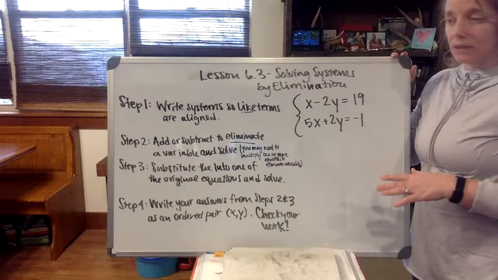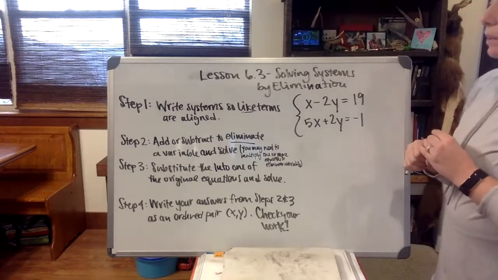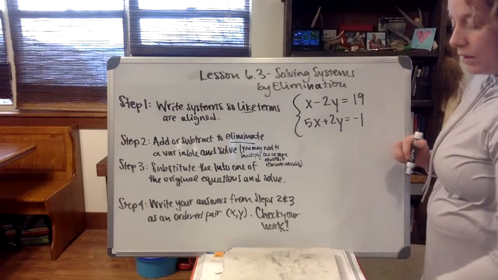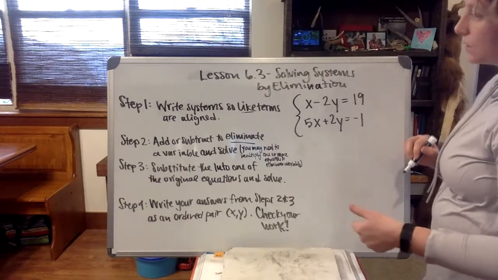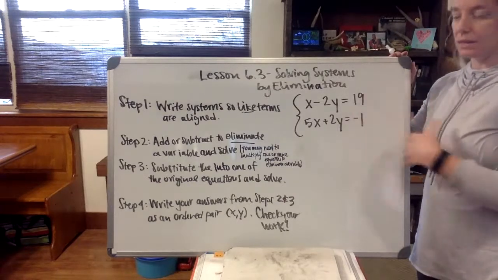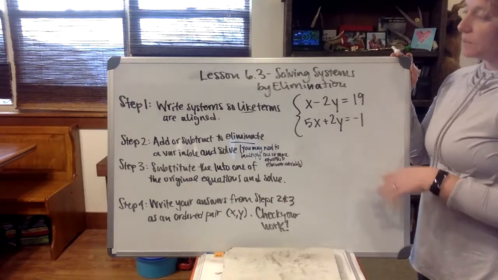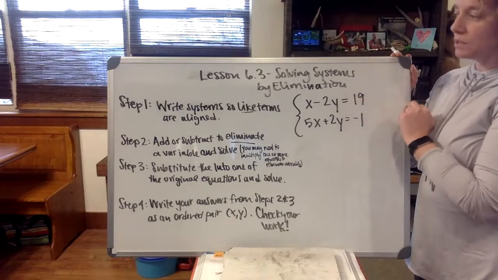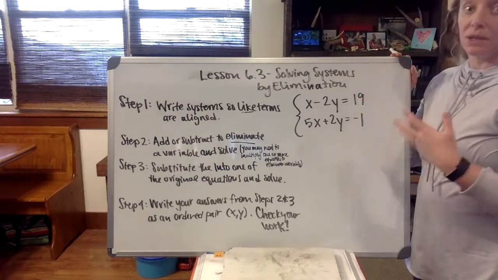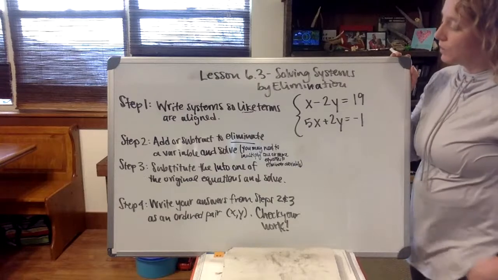The goal is ease, because if it's not easy, one of the other methods, graphing or substitution, could be better for this situation. At the same time, elimination, just like substitution, will work every single time. It just sometimes takes more work than other times.